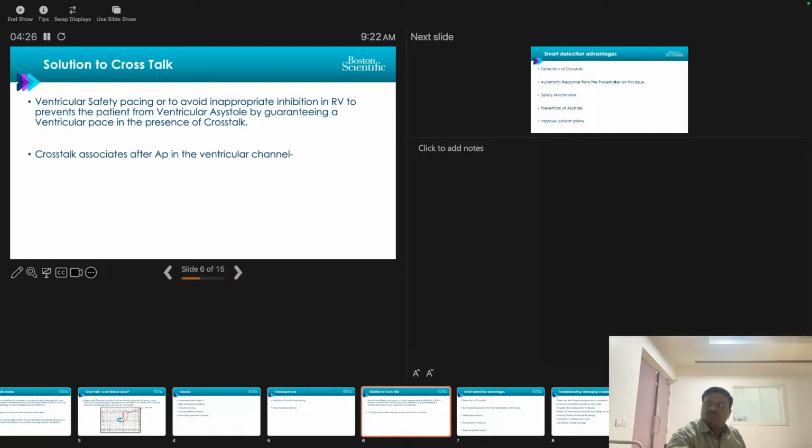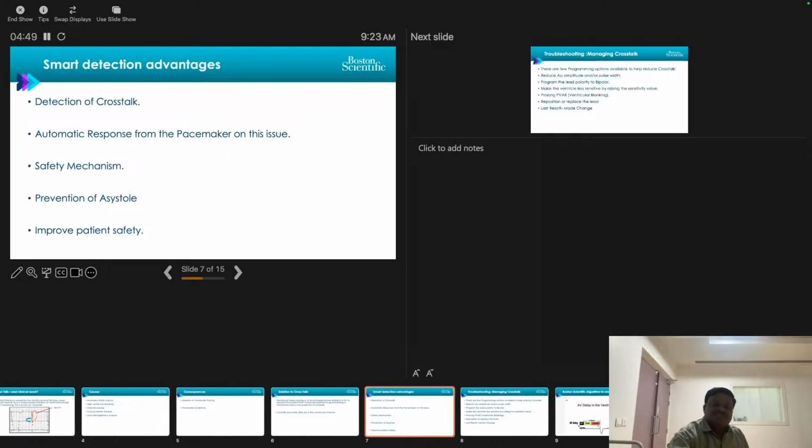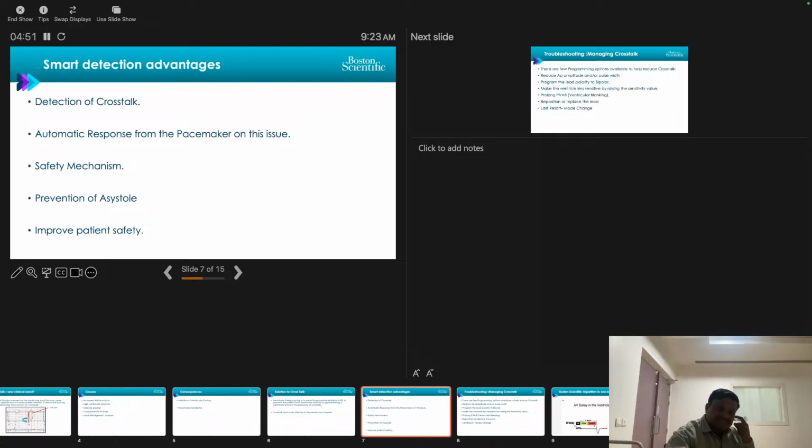I will take you through how to identify what safety pacing is and how it will help to avoid asystole in the patient. If you closely observe, the crosstalk is happening only when the atrial pacing, which is AP, is present in the EGM or the particular sequence.